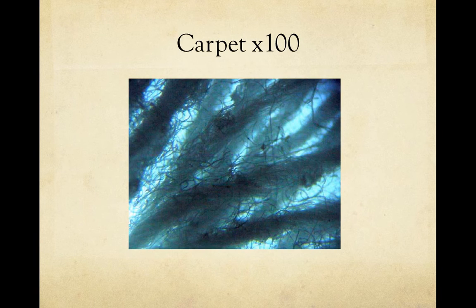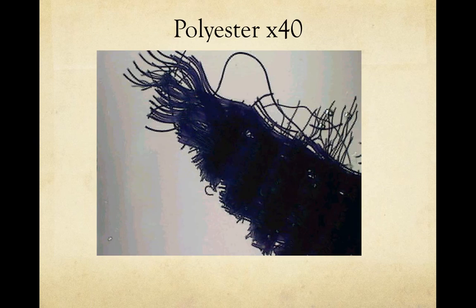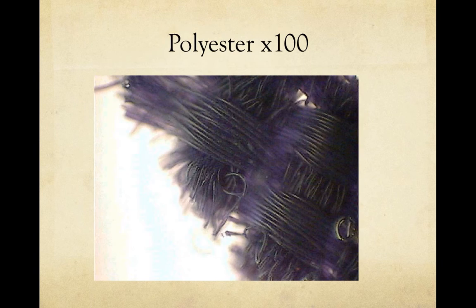Now, just like I did with the natural fibers, I'm going to show you some examples of microscopic imagery of synthetic fibers, just to show you some basic shape differences and what they look like. Here's carpet, which is generally speaking a synthetic fiber. This is another type of synthetic fiber. And here we have polyester. Higher magnification of polyester.